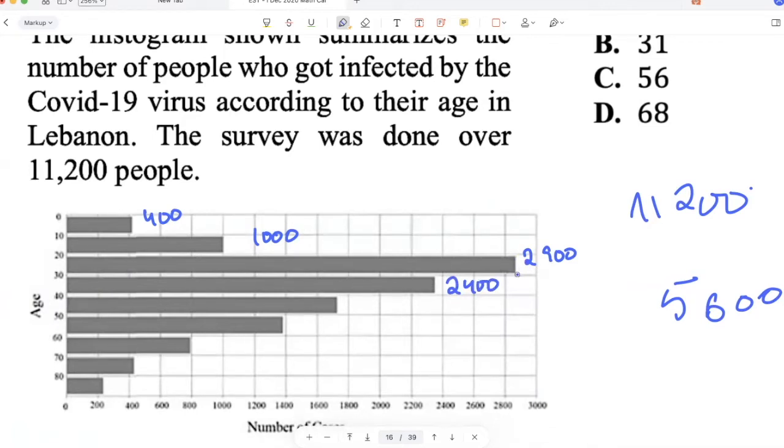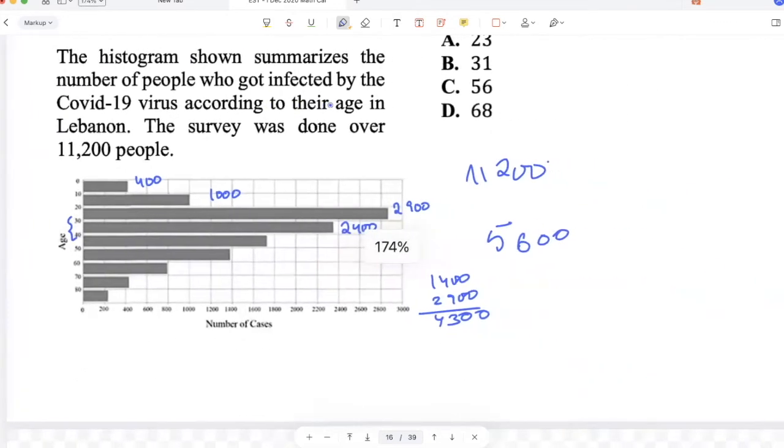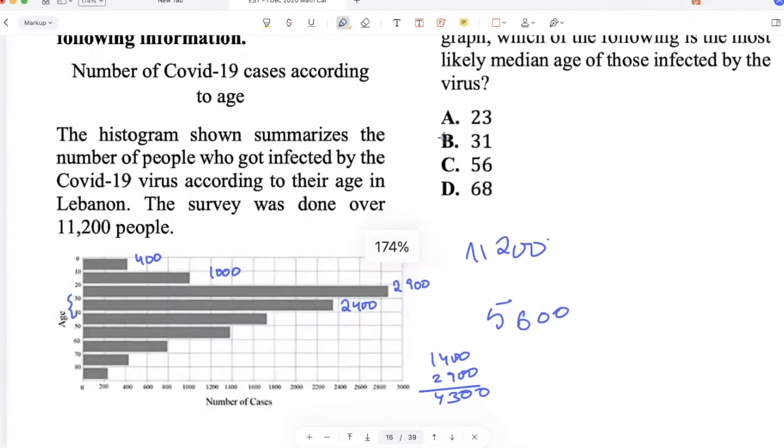Okay, so I might have already reached 5,600, right? 1,400 plus 2,900. What is 1,400 plus 2,900? Carry 1, 4,300. Yeah, so my median will be in the 30 to 40 range. So that will be 31.